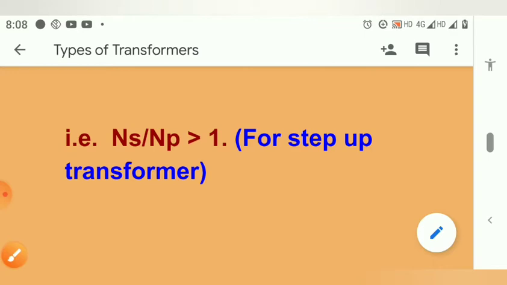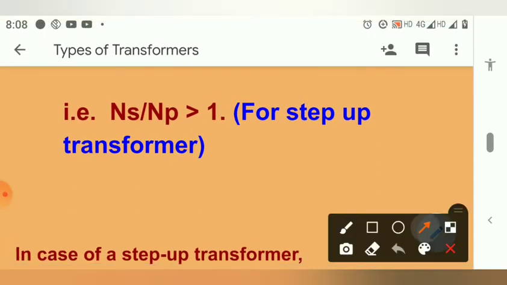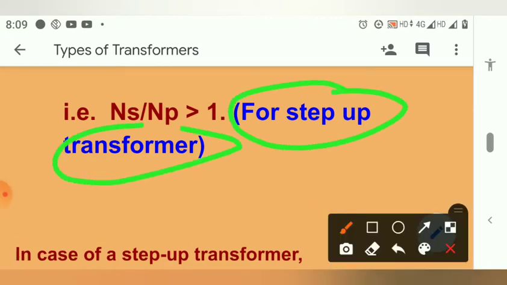NS by NP is greater than 1 for a step up transformer.